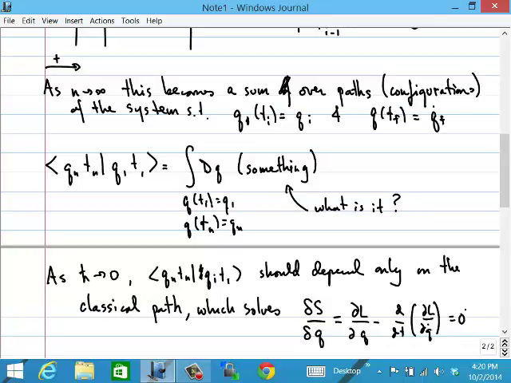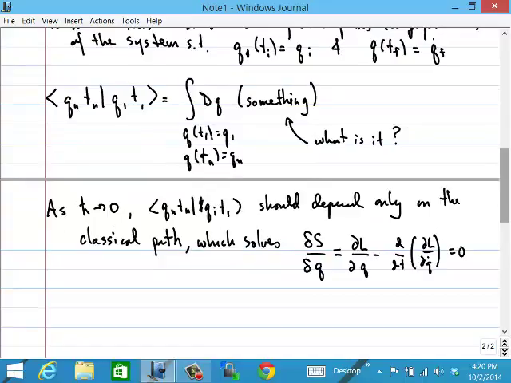Okay. So we know whatever this something is, it has to have the property that as you take the limit where h bar goes to 0, the only contribution to this integral should come from the particular path that solves this equation. Okay.